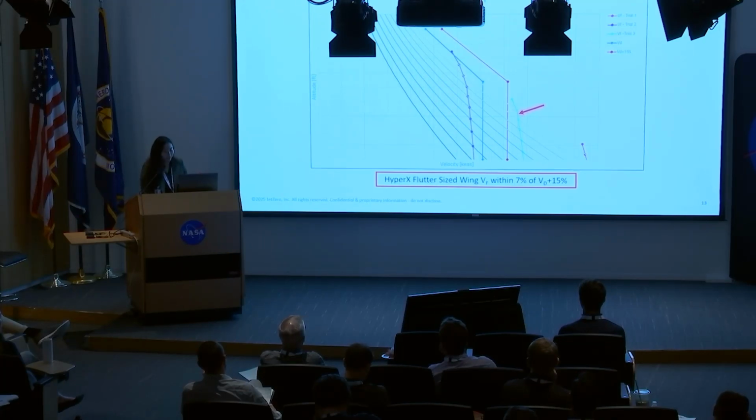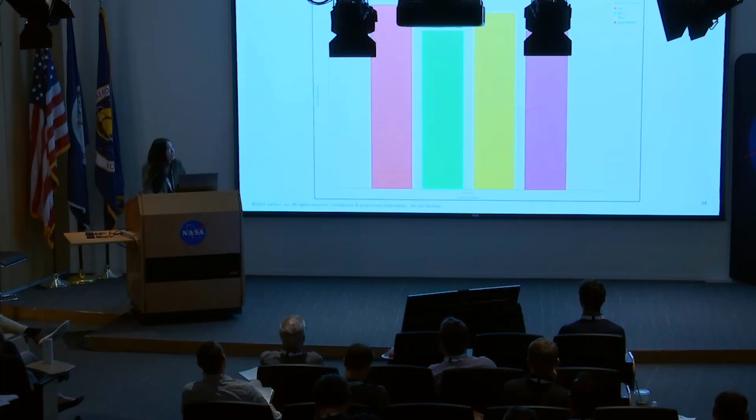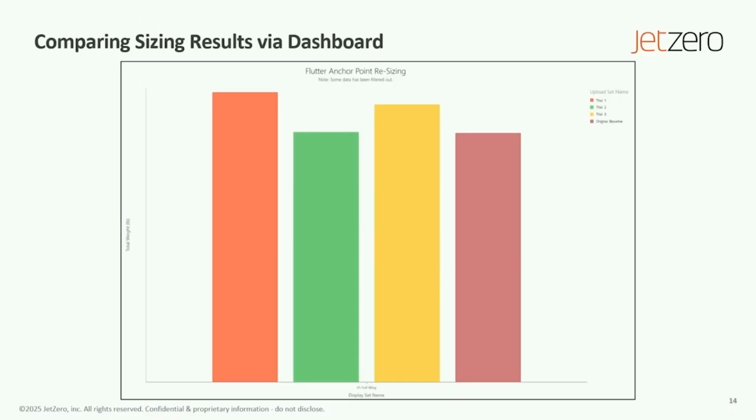With the HyperX dashboard, it's very easy to compare them. We are able to look at how weight is distributed in the wing. And so here, our original baseline had the lowest weight compared to all 4 configurations, which was expected. It was not sized for stiffness. It had a flutter issue.